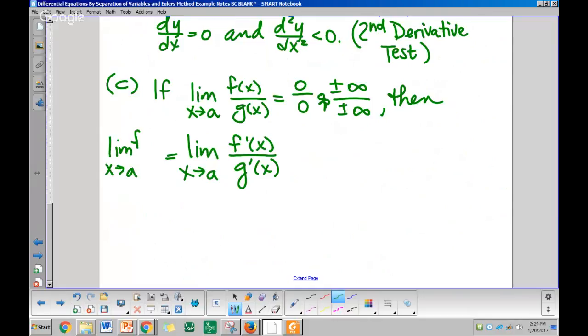Their rates of change will be the same. Now I'll derive it in the next couple days.